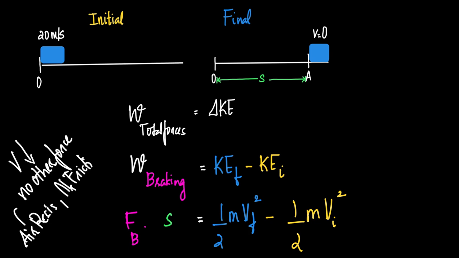All other forces are considered to be zero. So the only force acting on this bus is the braking force, and total forces can be replaced by the braking force. What is the work done by the braking force? It will be equal to the braking force into displacement, which is equal to change in kinetic energy, final minus initial.